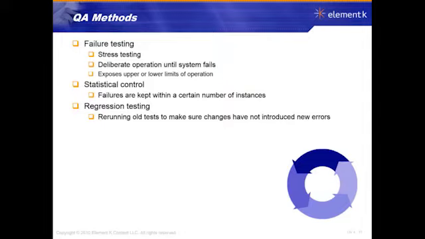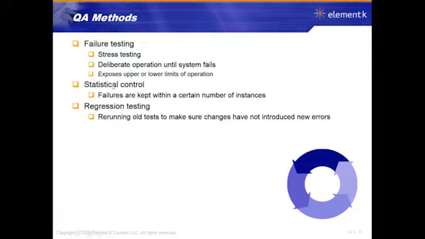It's just stopped responding to monitoring tools, and just to see how far we can push it. Because this is what we need to know under real life, what's it going to be like. So we can failure test, stress test. We deliberately push it till it fails or breaks. And we're trying to find out its total limits, upper and lower limits of operation.